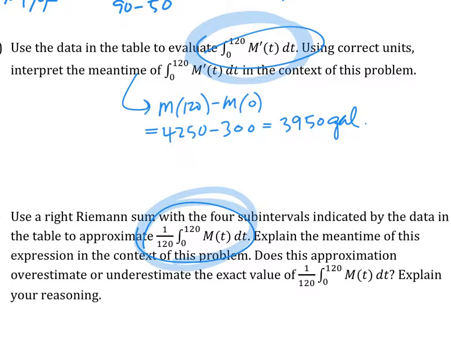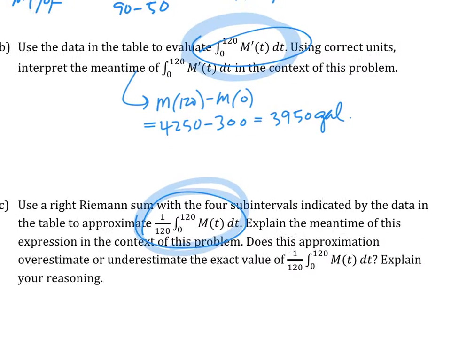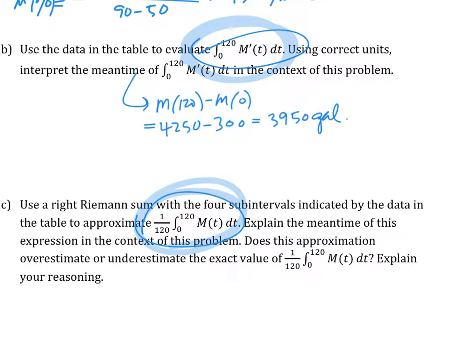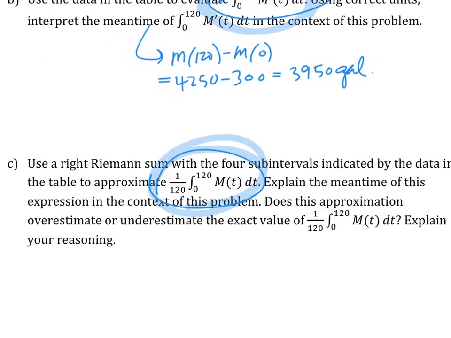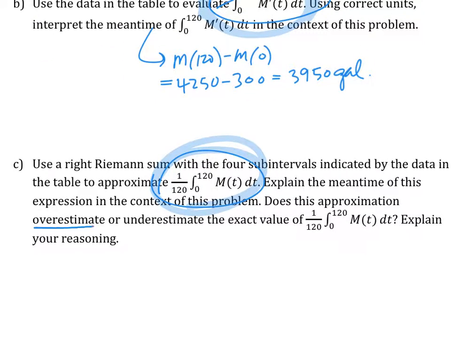So you are going to find the total amount of milk that is milked in 120 minutes and then figure out the average, but you are going to use a right Riemann sum. And then you're going to explain, does this overestimate or underestimate? Remember, this is a twice differentiable, strictly increasing function.